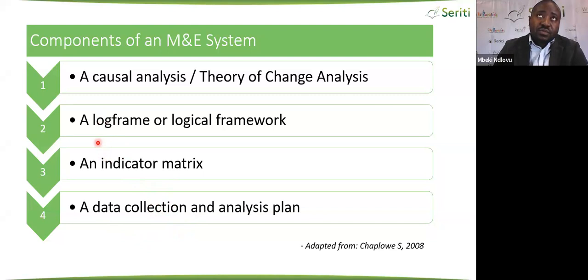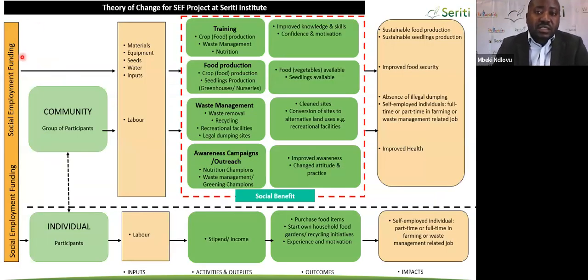If you're going to be, as a community organization, or just as an organization that is in development, if you want to build a robust M&E system, as much as possible, you try to make sure that you have those 4 components. Starting with the causal analysis, we have also the log frame, and then we have the indicator matrix. And then lastly, we have the data collection and analysis plan. So having said that, I'll take us to the first part, which is the causal analysis, or the theory of change analysis part.